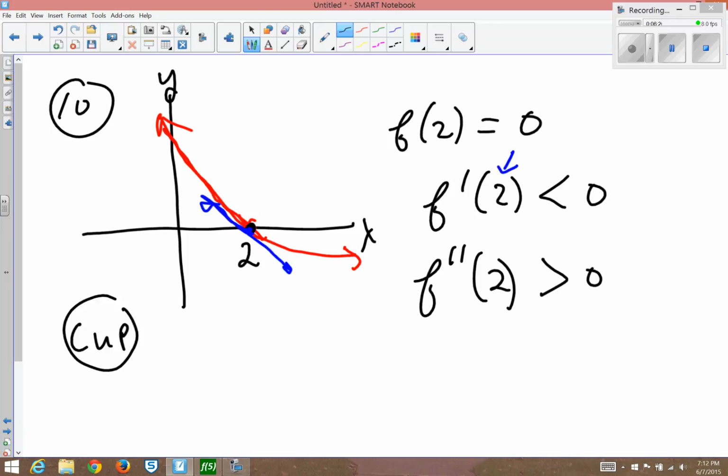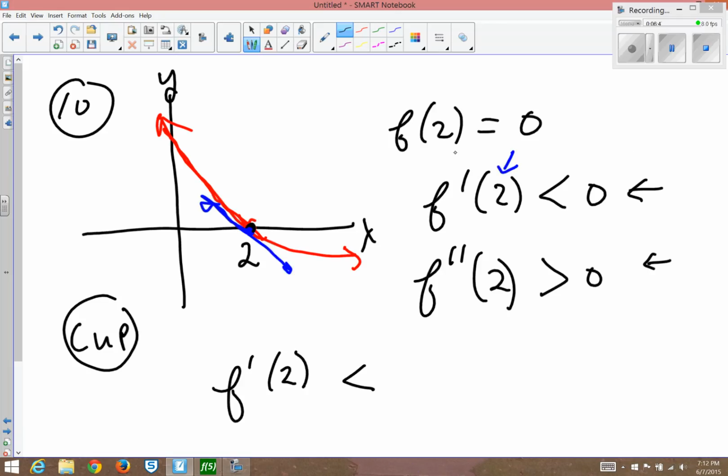Concave up graphs have positive second derivative. Decreasing functions have a negative first derivative. And f of 2 is 0 because the graph contains the point 2, 0. So of these three things, one of them is 0, one of them is positive, and one of them is negative. The one that's negative is the smallest.